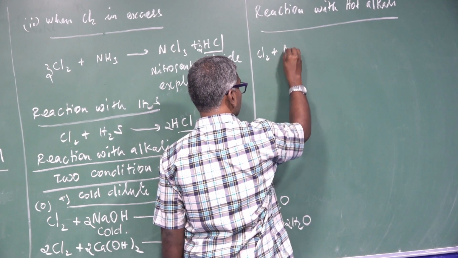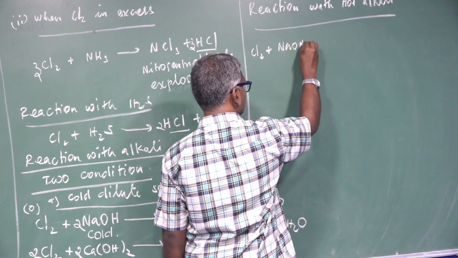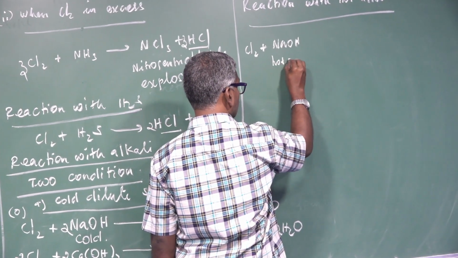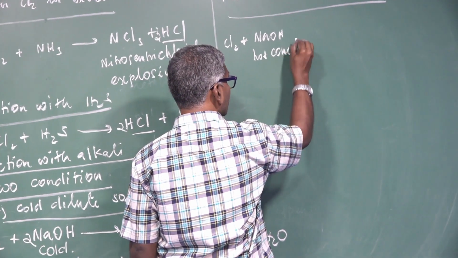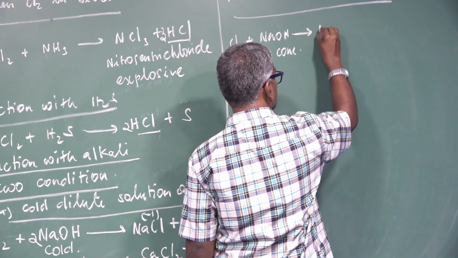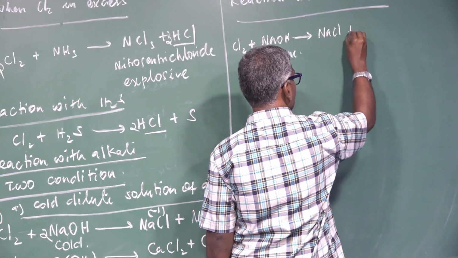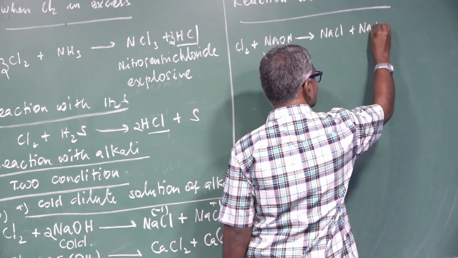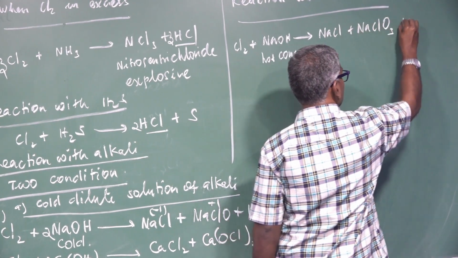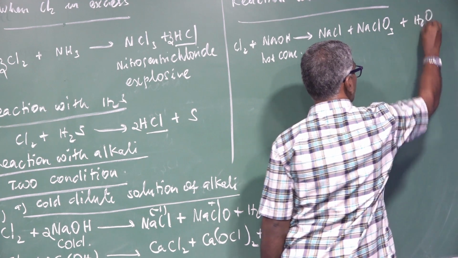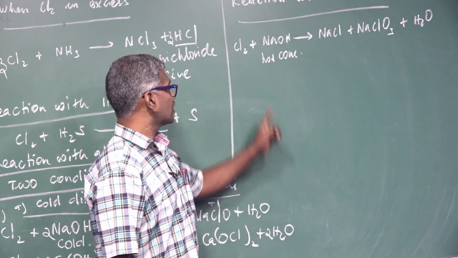Chlorine reacts with NaOH, that is hot concentrated alkali, forming NaCl, NaClO3 plus H2O. These are the products.